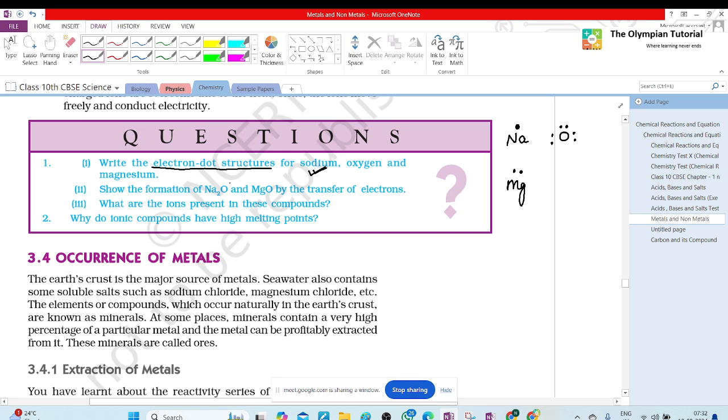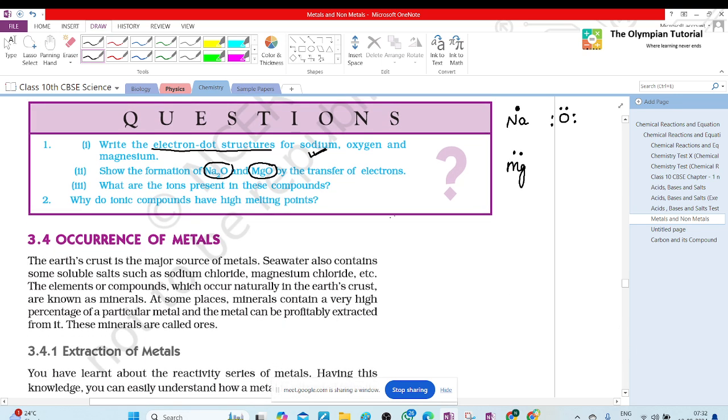Show the formation of sodium oxide and magnesium oxide. Ma'am, we have to only show the electrons that it will give. Yes. Sodium oxide means how many sodium? They have given the formula Na2O. 2 Na, 1 electron each, and oxygen has 6 electrons.